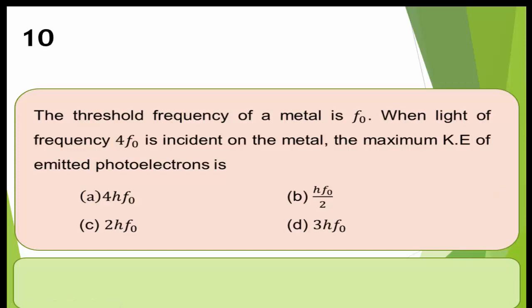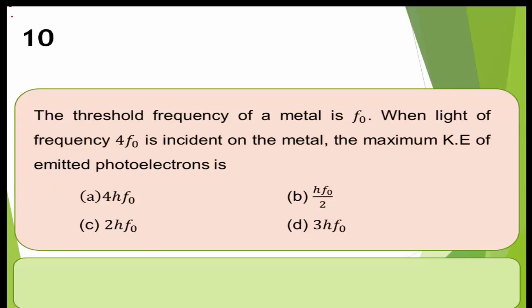The threshold frequency of a metal is F0 and light of frequency 4 F0 is incident on the metal. The maximum kinetic energy of emitted photoelectrons.